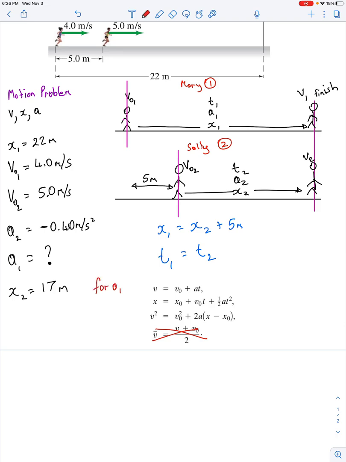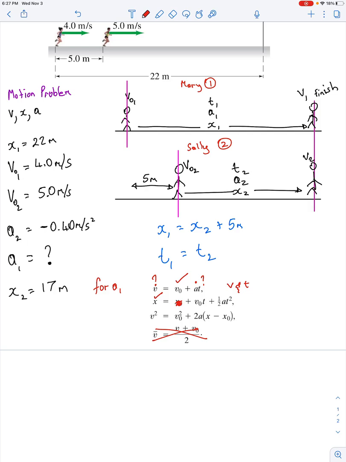Okay, cool. So I'm looking for A. Do I have T1? No. Do I have V01? Yes. Do I have V1? No. So there I'm missing V and T. All right. Do I have X1? Yes. This is 0 because you started off at 0.